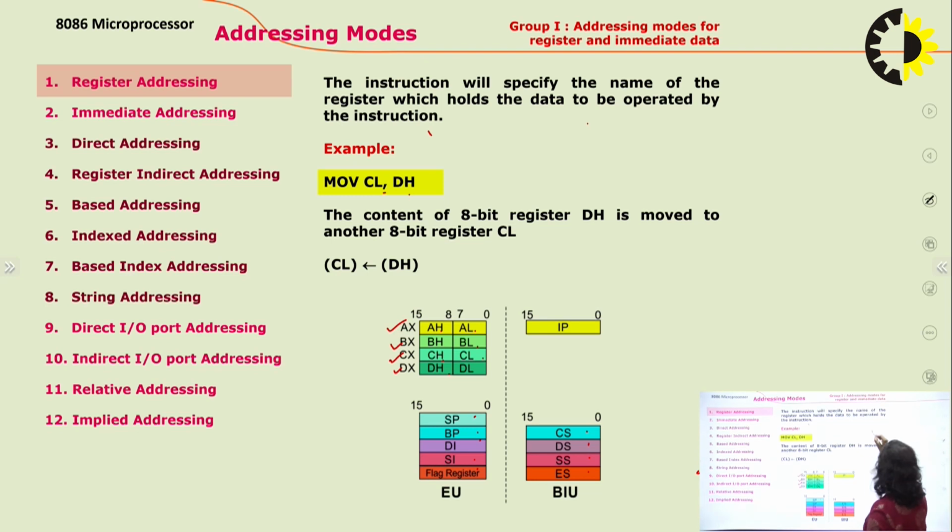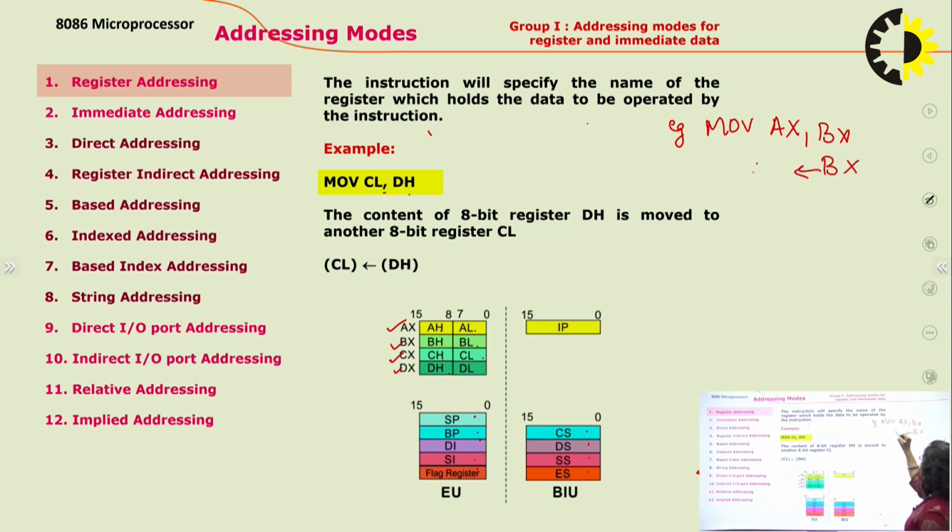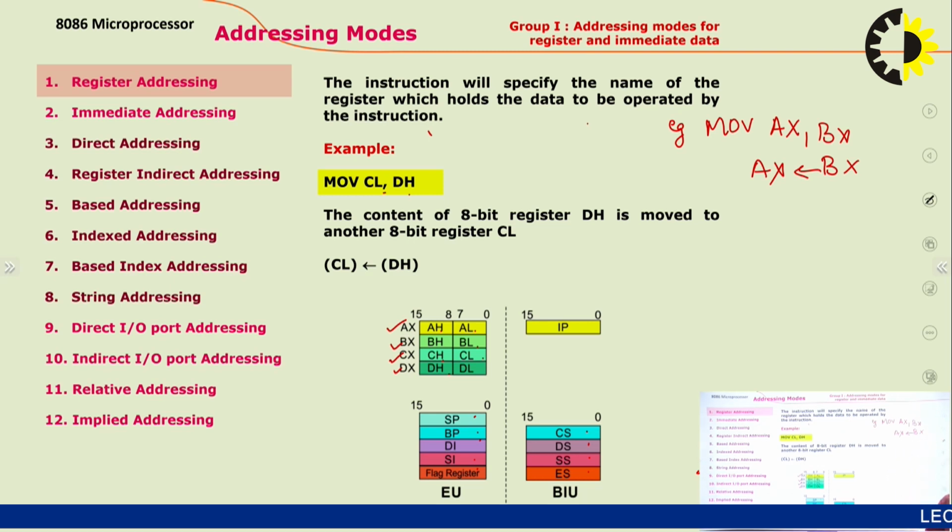Some other examples like MOV AX, BX. So, here data is 16-bit and this instruction copies the value of BX to AX. So, any instruction wherein both the operands are in registers only is called a register mode instruction.